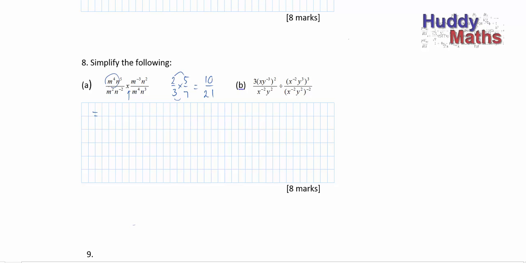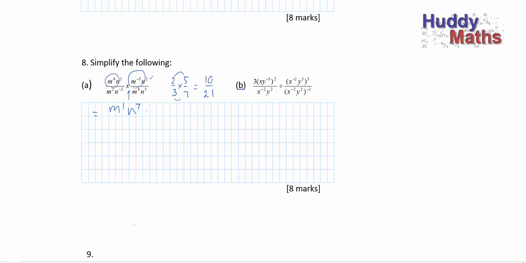M to the 4th by m to the neg 3. Okay, so that top line is 4 plus negative 3. So 4 take 3 is 1. So our final power there in M land is 1. And then n to the 5 times n to the 2.